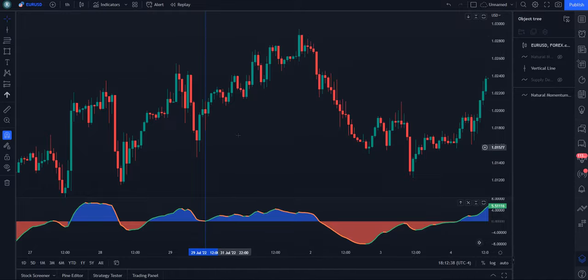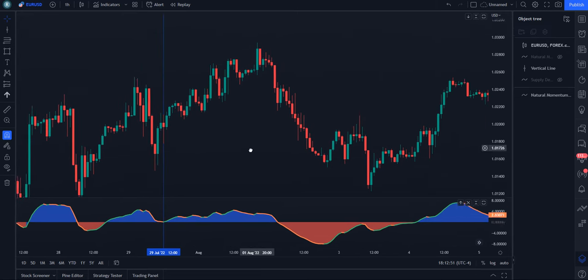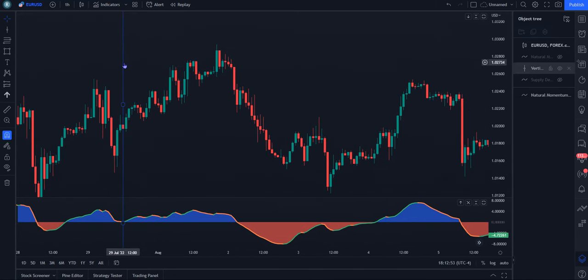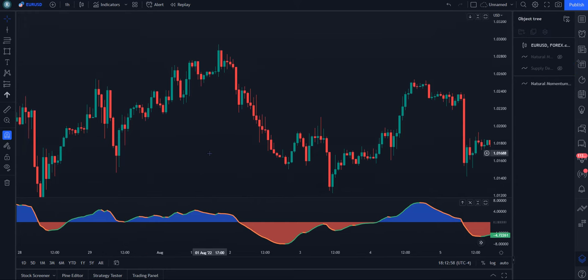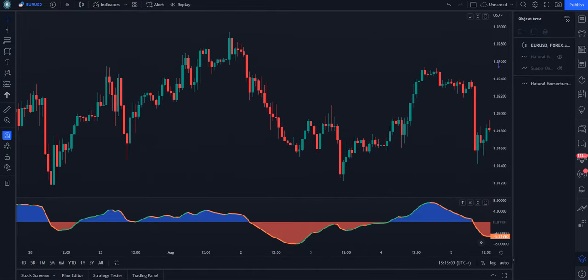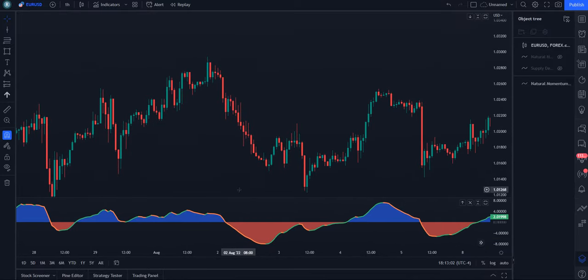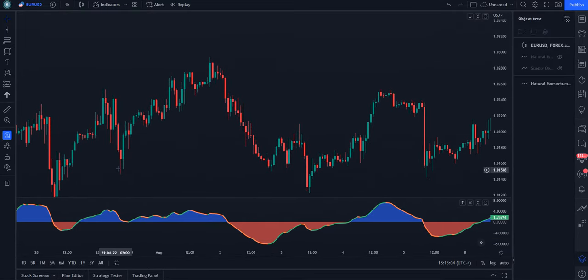Now, of course, throughout this climb up, we see it changes several times between green and orange, but our main thing is the blue zone is still telling us the momentum is on the upside. So that is one way you could be using it as far as taking profits and maybe stop losses and even retracements, like I just pointed out here.